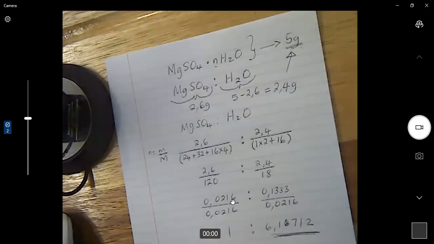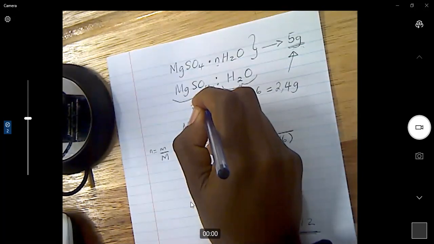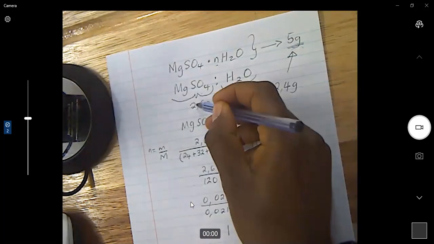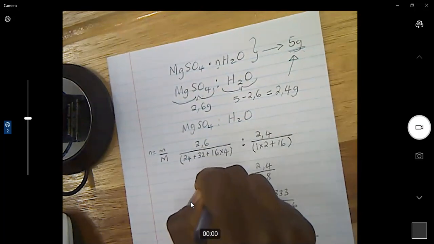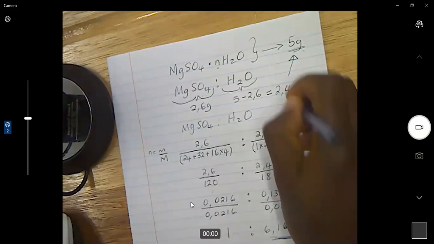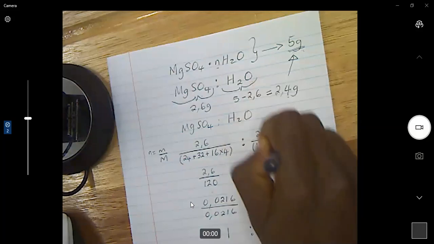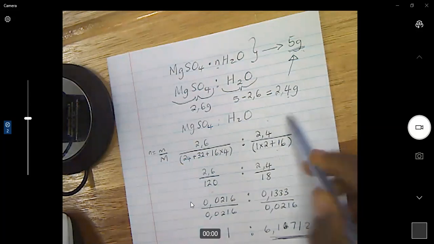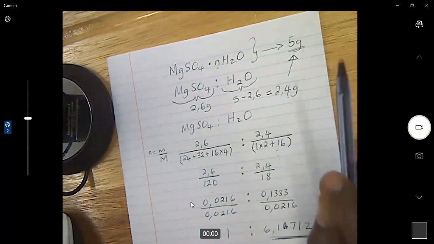So if I say 5 minus the final mass, what remains must be the salt, because salt does not evaporate. What evaporates is the water. So you say 5 minus 2.6 and you get 2.4. Then you say 2.4 divided by the 120. No, because the 2.4 is the mass of the water that evaporated. You have to divide 2.4 by the water, by the substance that is evaporating. Are you with me, Johnson? Good. So I think you are mixing your numbers. So don't take 10, use the 5, because we're given the 5.